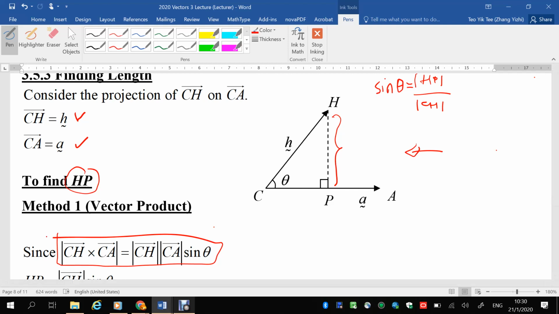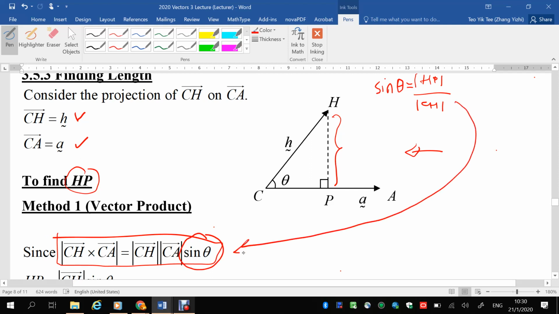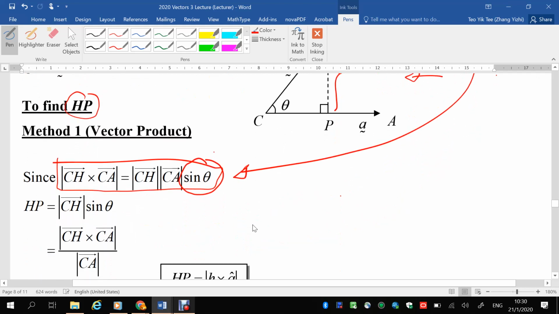Next, what I need you to do is look at this sine theta. Can I substitute sine theta as HP over CH? Can. What will happen to your equation? Certain things will cancel off. Agree? Your CH will cancel off, right? And this is what you have left.